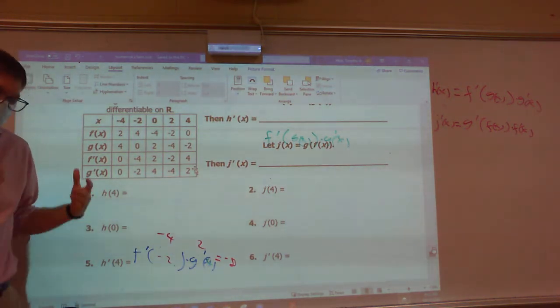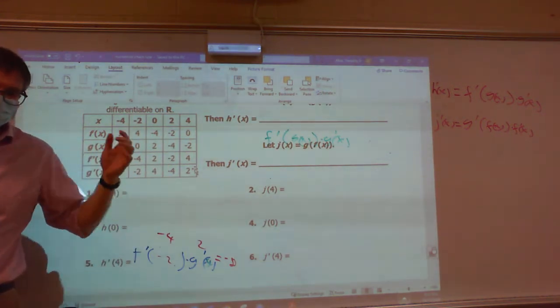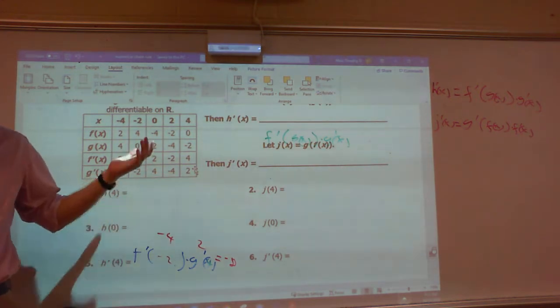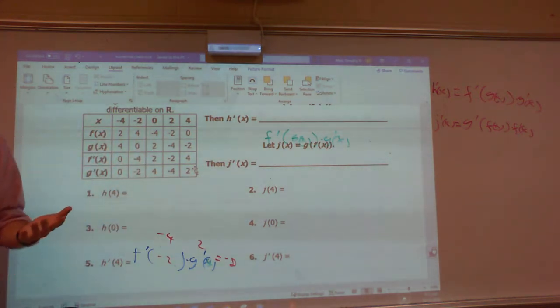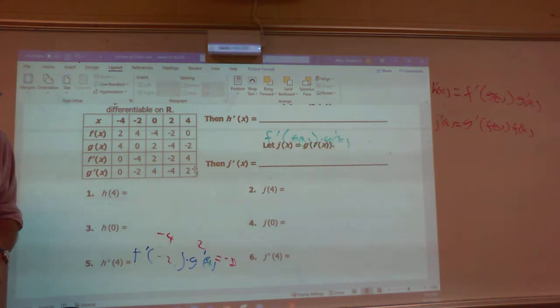On the AP exam, this shows up sometimes as a multiple choice question. Sometimes this will show up as a free response question where they give you a bunch of information and you're expected to come up with it. I kind of like these because the calculator didn't help you out one bit. I know there's lots of online calculator stuff that you can just type stuff in.